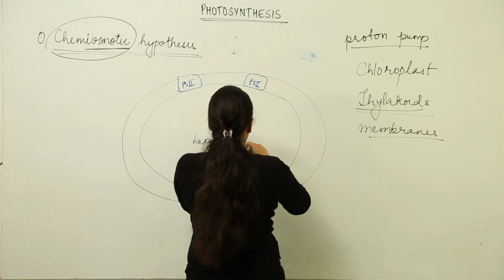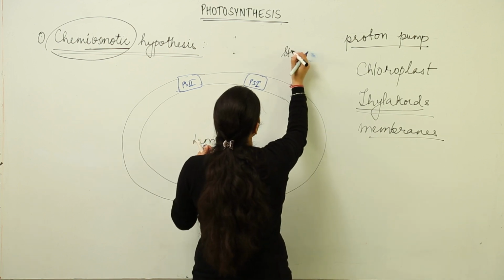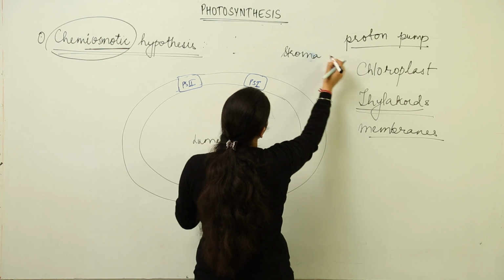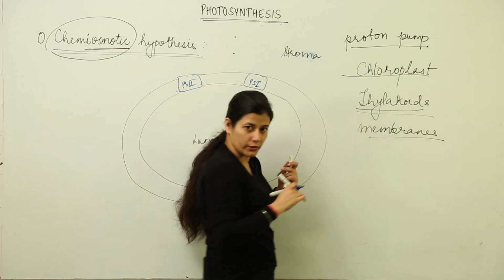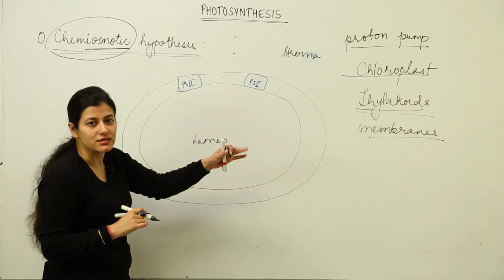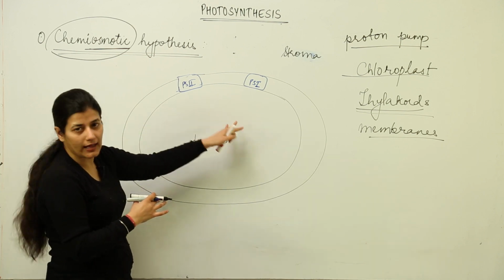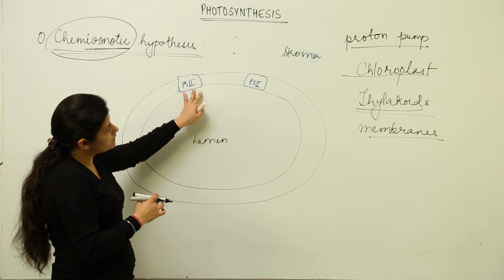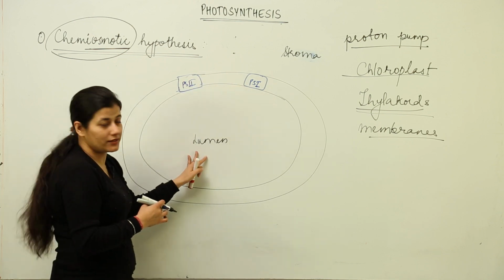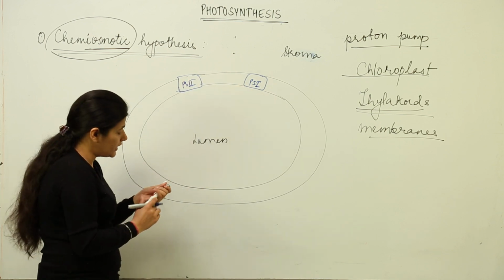This is the stroma of the chloroplast that is present inside the plant cell. Now, inside the chloroplast there would be many thylakoids. One is PS2, one is PS1, and inside there is the lumen.